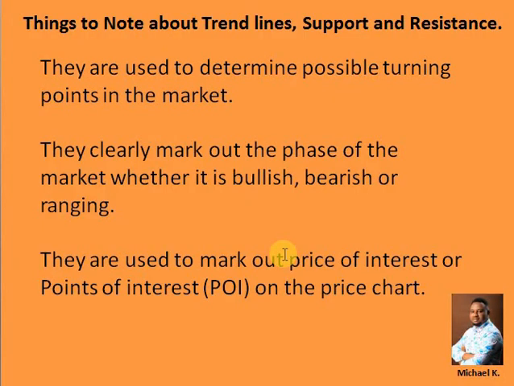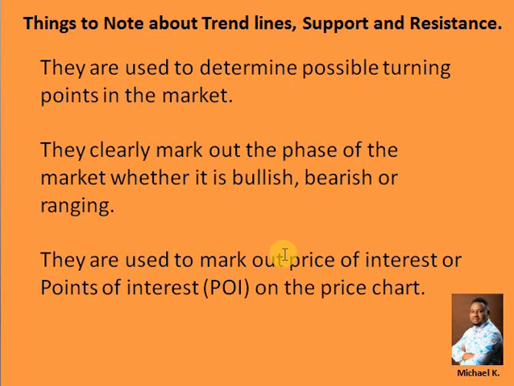Things to note about trend lines, support, and resistance. They are used to determine possible turning points in the market. Just like I explained in the early part of this course, I said the basic work of a technical trader is to sit on the chart and anticipate possible turning points on the price chart.